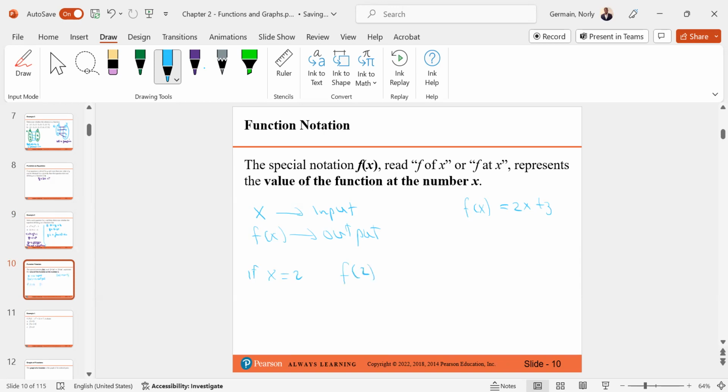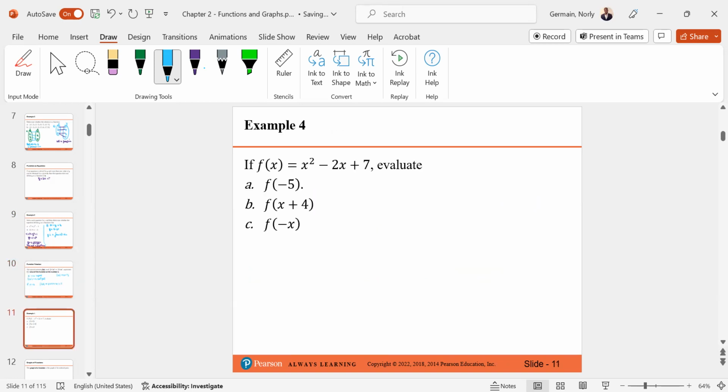It would be f of 2 equals 2 times 2 plus 3, which gives you 4 plus 3, which is 7. Very easy to see. You only need to verify and make sure that everything is correct.